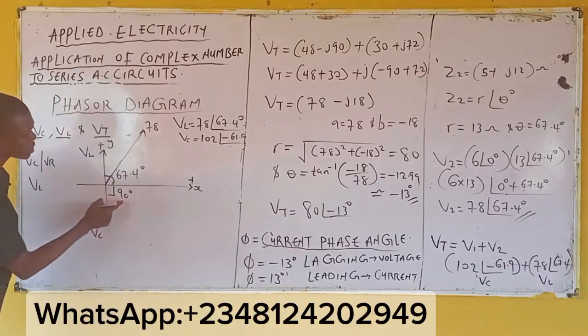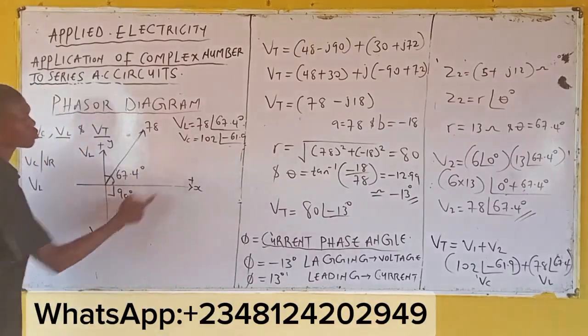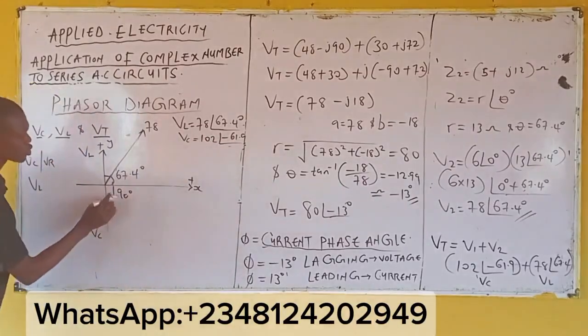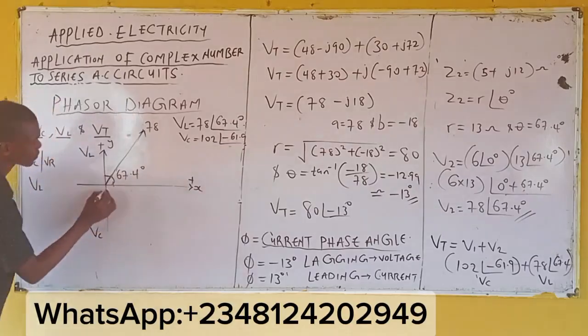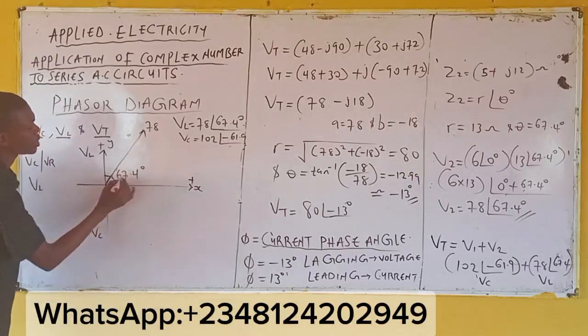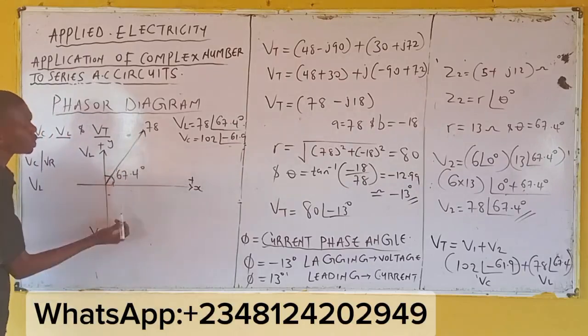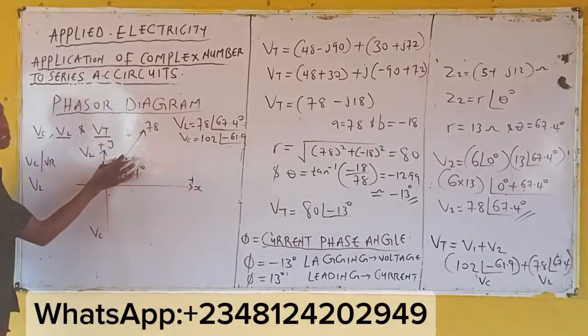Your capacitor or resistor is at the negative y-axis. Now, if this is 90 degree, 61.9 will be somewhere around here, right? Where will I have my 61.9? Observe something. If from here to here is 67.4 degree, meaning 61.9 will be closer than this, right?